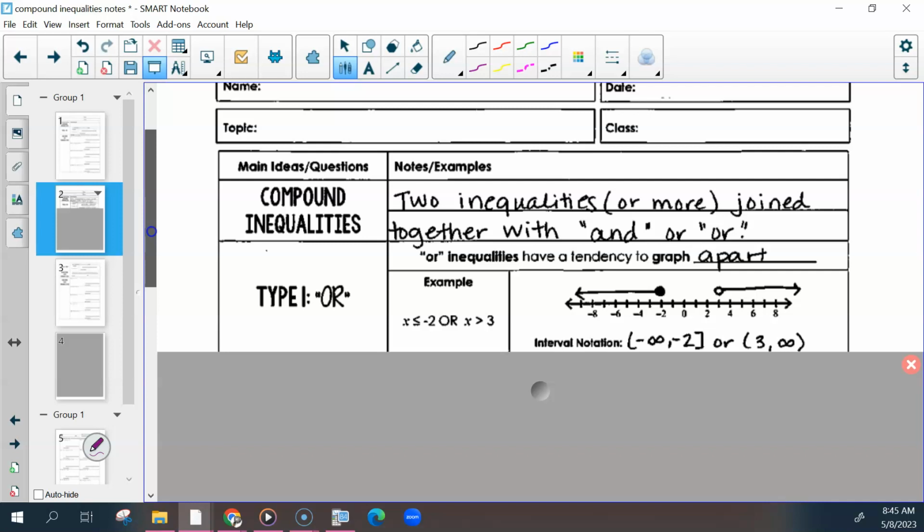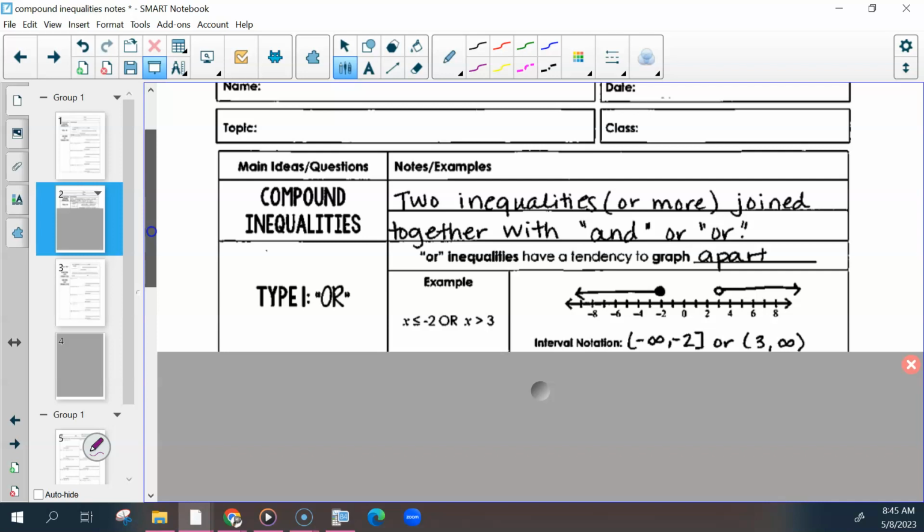Compound inequalities are two or more inequalities joined together with "and" or "or." Or inequalities have a tendency to graph apart, so they'll be facing opposite directions.